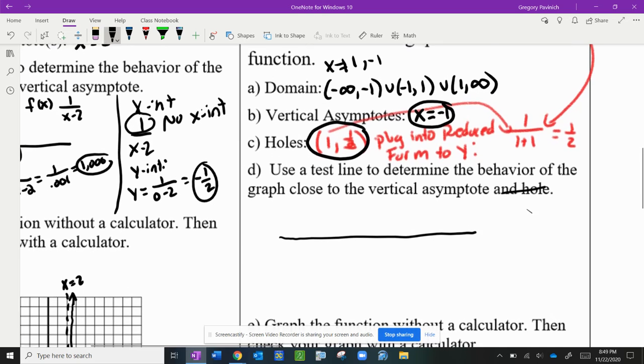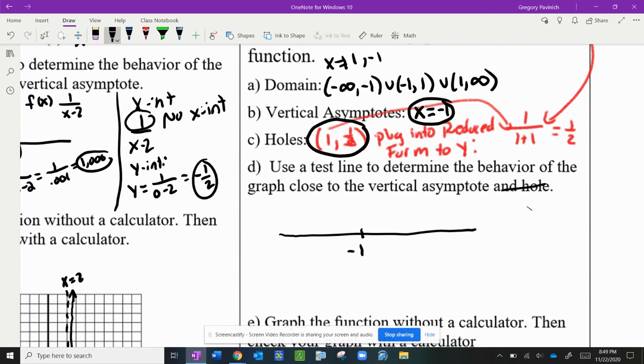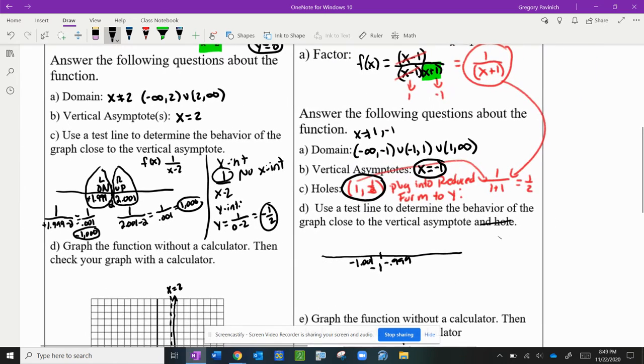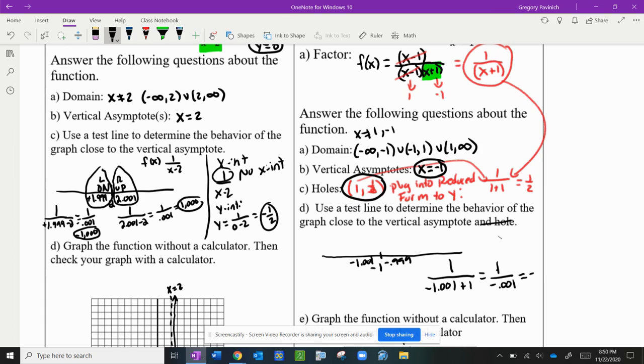Okay, and that was -1. So a little bit to the left would be -1.001, and a little bit to the right would be -0.999. I'm going to go ahead and plug that into the reduced form, a little bit friendlier. So I have -1.001 plus 1 on the left side. So I have 1 over -0.001, which is negative, so I know it's going down.